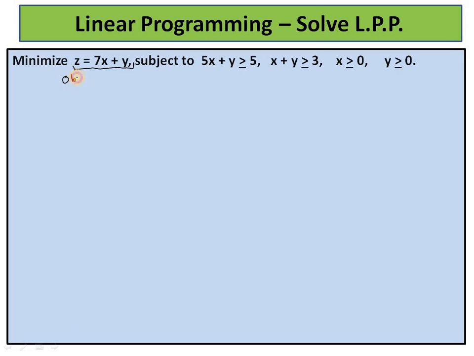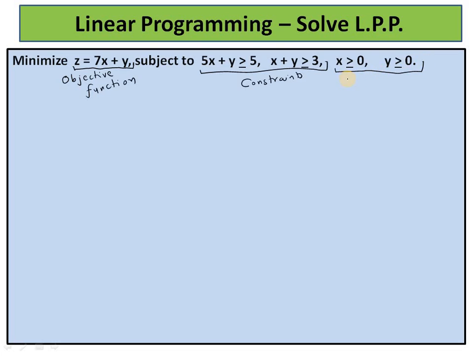This is our objective function which we are going to minimize, means optimize. Now there are two constraints. These two functions are our constraints, and x is greater than or equal to 0, y greater than or equal to 0.